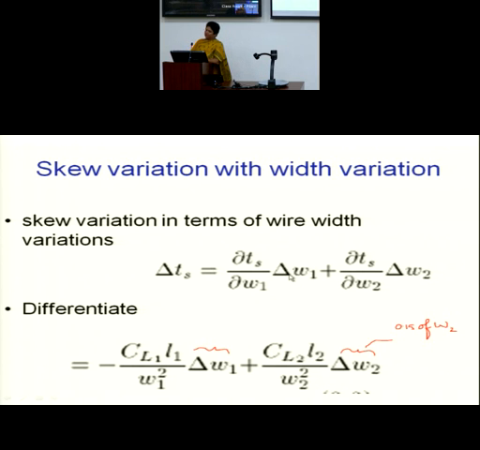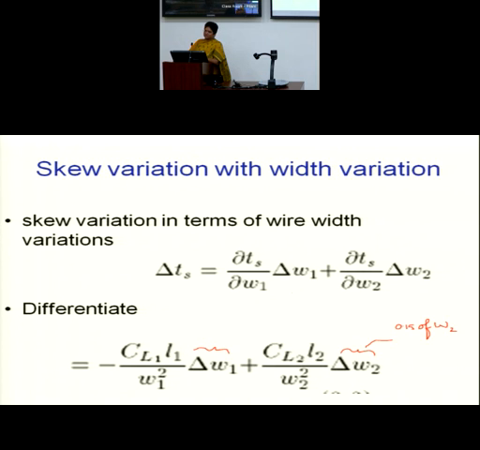Now this delta W, I know process technology can give me the highest limit plus minus 10%, or plus minus 15%. That is normally known to me. Plus minus hardly matters to me, because to get the worst case value, I always add up.